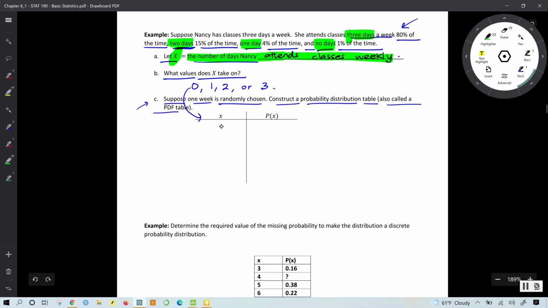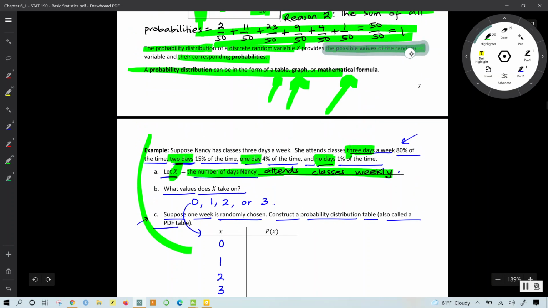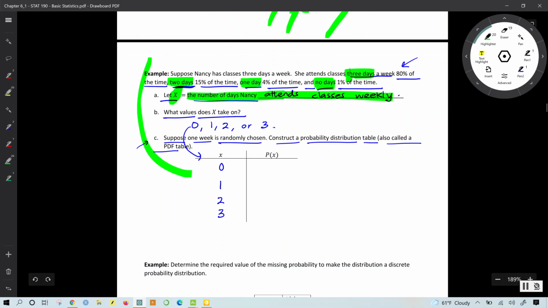Well, first step, I'll write 0, 1, 2, 3. Why is that? Because we just learned earlier that a probability distribution for a discrete random variable will first provide all the possible values of the random variable and then followed by their corresponding probabilities. So I have 0, 1, 2, 3. So as it stands, I need to compute the respective probabilities.